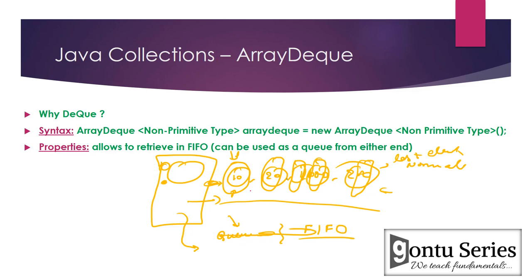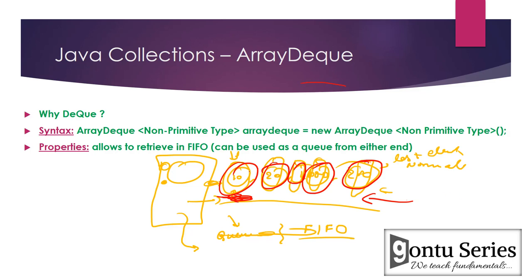But if you say that I don't want to use it as a queue from this side, in the order in which I inserted elements, I want to use it like a queue from this side, then it's going to allow you to retrieve this element first and then this element and this. So you can use an ArrayDeque like a queue from both sides, from this end and from this end.